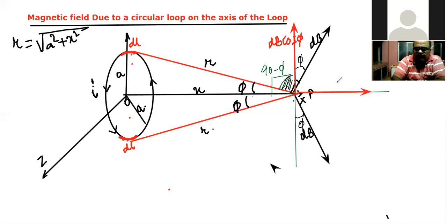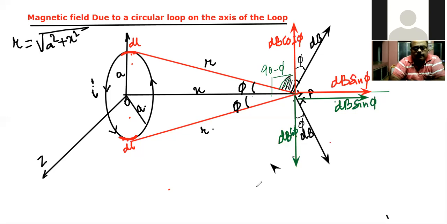Again, if you resolve the other dB into components, this is dB cos phi and this is dB sin phi. One thing you can see, children, the cos phi components will cancel each other, and the sin phi components will remain.